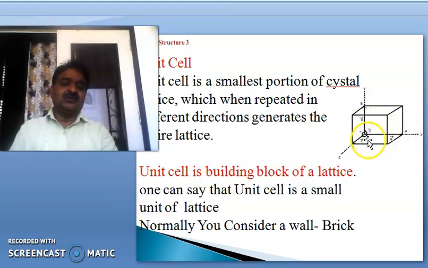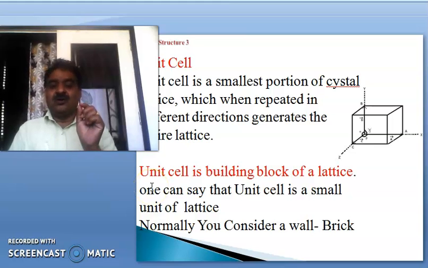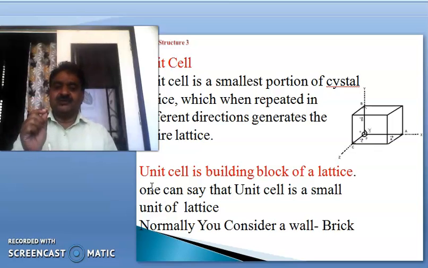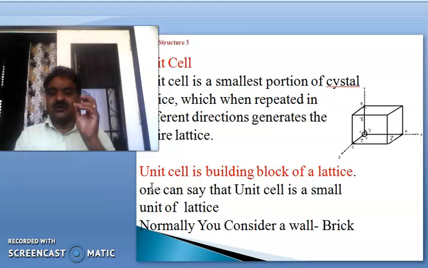It has three axes we have taken, X, Y and Z. A unit cell is said to be the building block of a lattice. In the construction of a wall, the building block is a brick. Likewise, a unit cell is the building block of a lattice. One can say a unit cell is a small unit of a lattice.